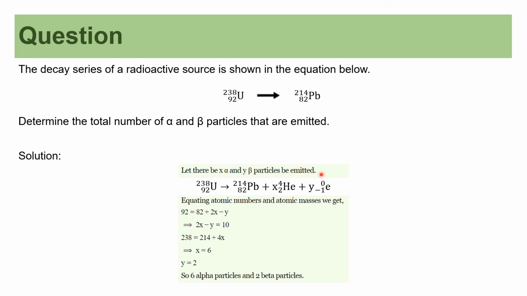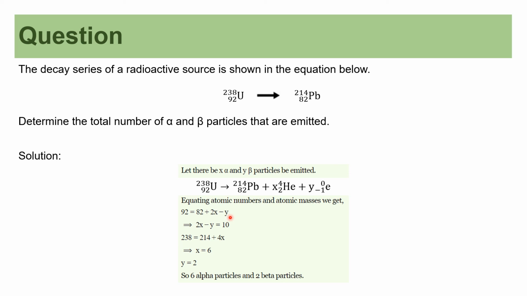Second step, you need to write down the simultaneous equations that you are going to solve based on the information that is given in the question. The third step, you need to equate the atomic number and the mass number that you get. Alright, so now 92 equals 82 plus 2x minus y.